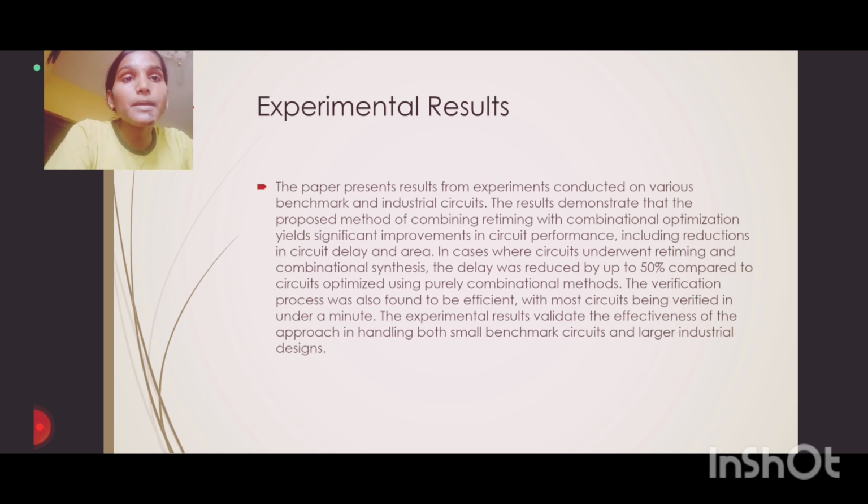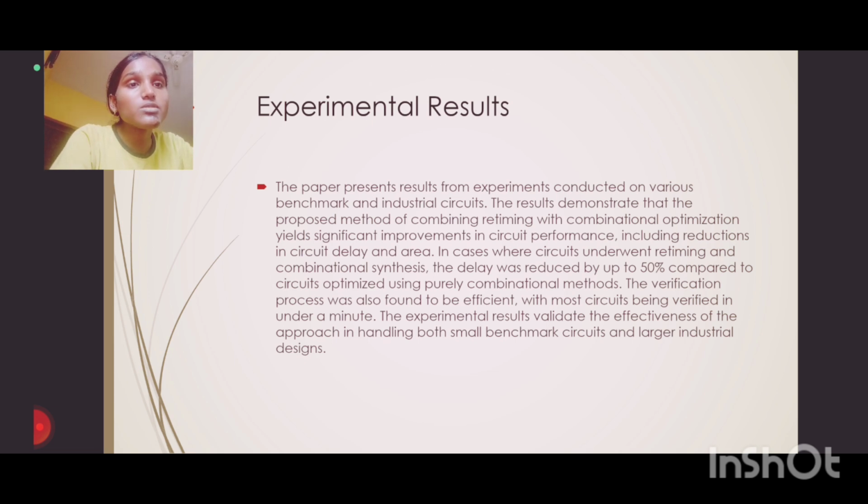Experimental results. The paper presents results from experiments conducted on various benchmark and industrial circuits. The results demonstrate that the proposed method of combining retiming with combinational optimization yields significant improvements in circuit performance, including reductions in circuit delay and area in cases where circuits underwent retiming and combinational synthesis.